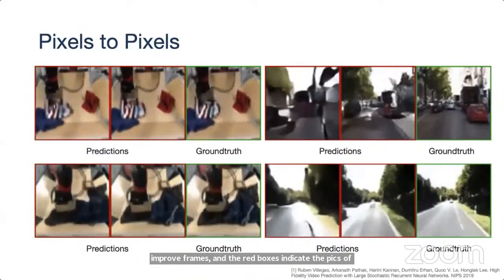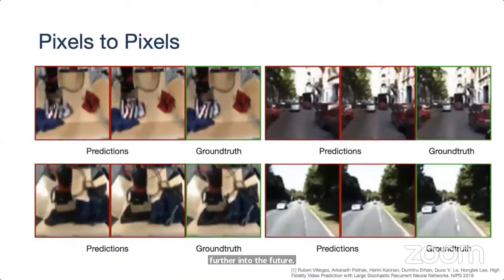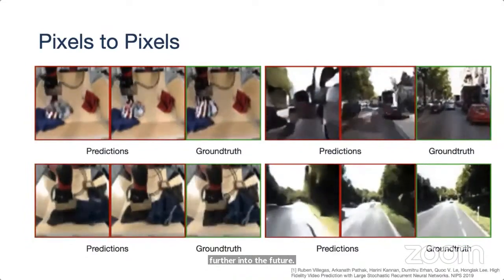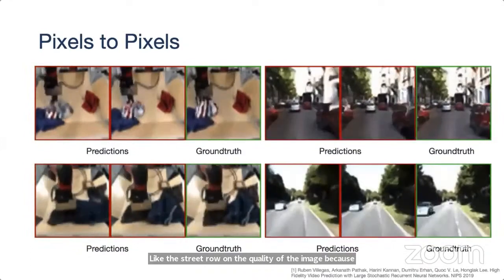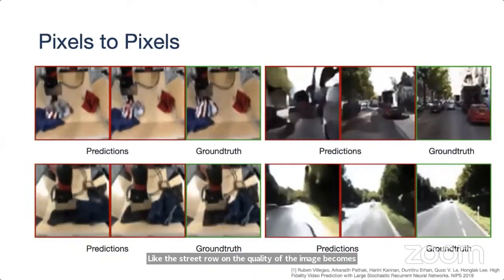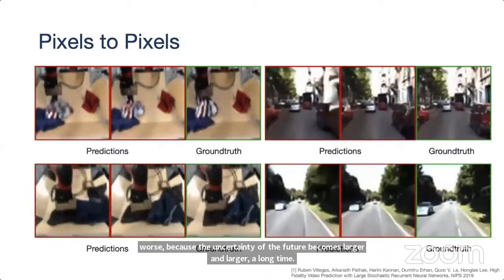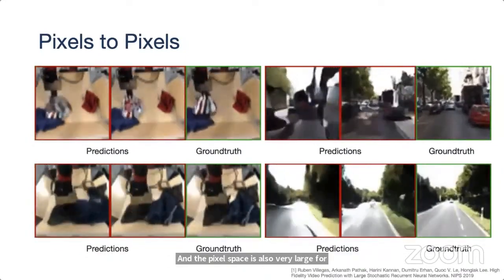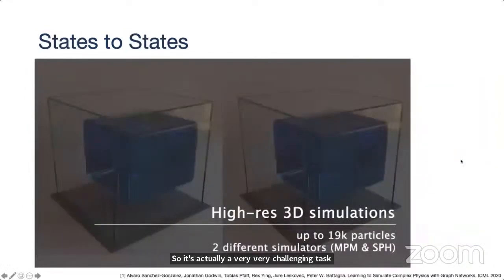As you can observe, when predicting further into the future, the quality of the image becomes worse because the uncertainty of the future becomes larger and larger over time. And the pixel space is also very large for prediction. So it's actually a very, very challenging task.